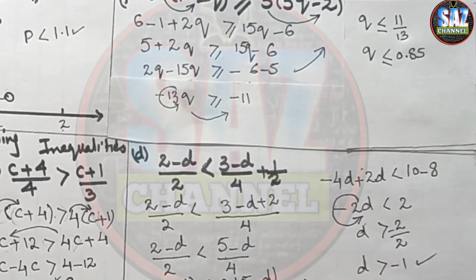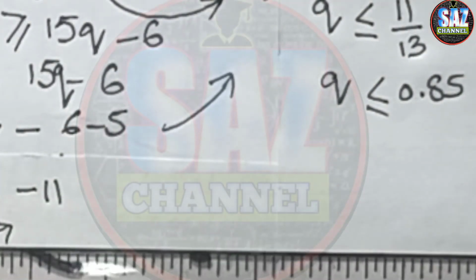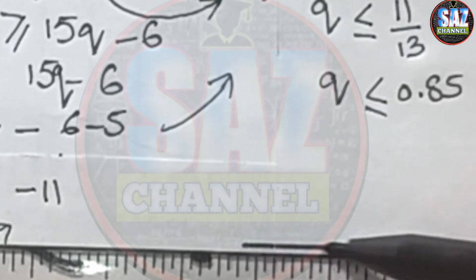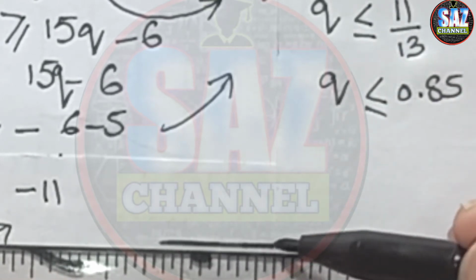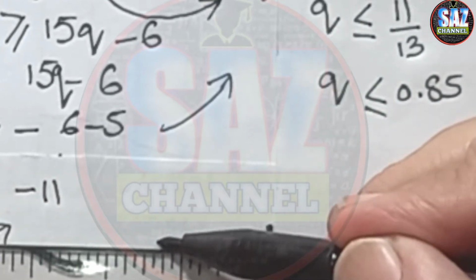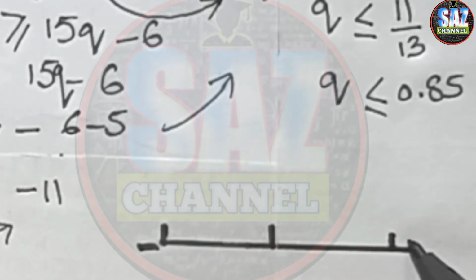Now in order to show the solution on the number line, we have to draw the number line. This is a small solution, so we can make a small number line. I can take this point as 0. This is 1 and this can be -1. Now mark the numbers.